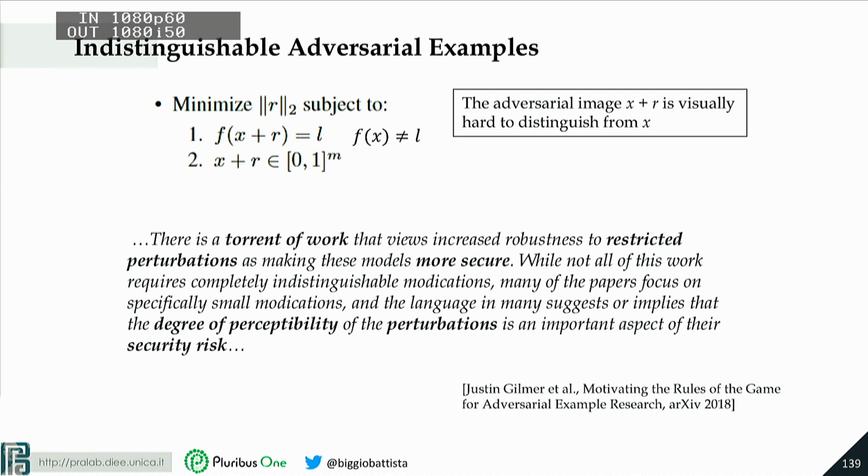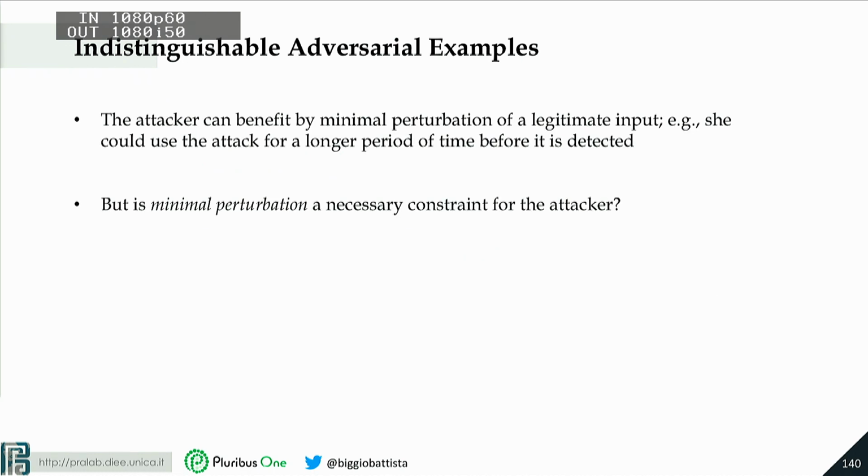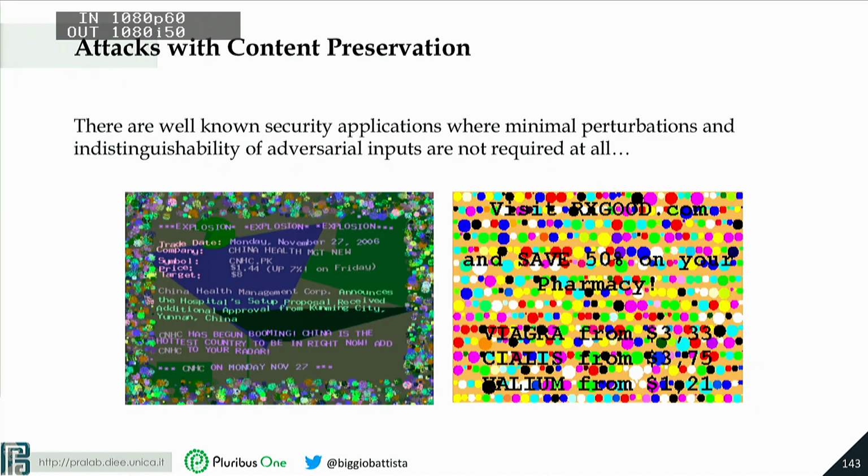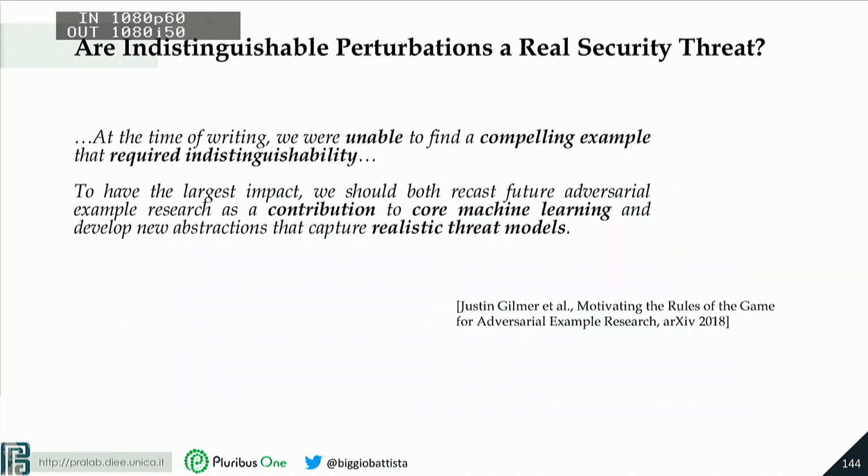That's the main point. And they explicitly say: we are unable to find a compelling example that required indistinguishability of this example. So that was a main misconception which spread from around 2013 up to a couple of years ago. But now I hope this will be clarified. Indistinguishability is not really the point in this case.